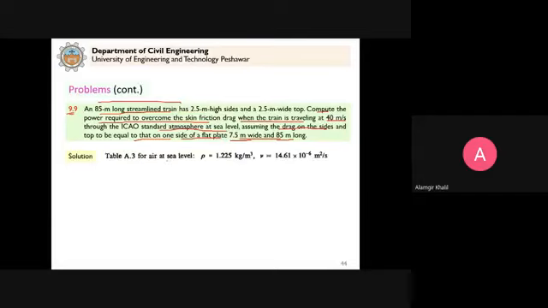So for the sea level, table A3 for the air, these are the properties you can pick from table A3 in the appendix of the book. Now we calculate Re. Re is 2.3 into 10 power 8, so greater than 500,000. So what we have is turbulent conditions.